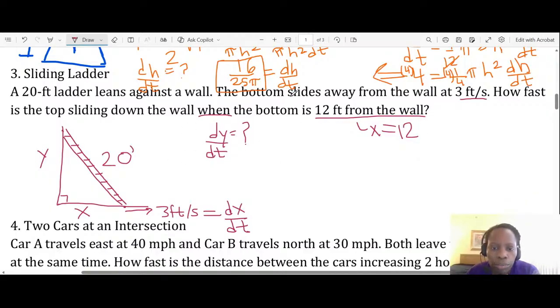Okay, so knowing all of this, we got our knowns, our unknowns, what's changing, and what we want to find the rate of. So we can first set up our formula, and that is x squared plus y squared equals 20 squared.